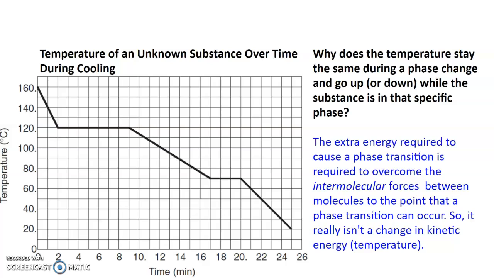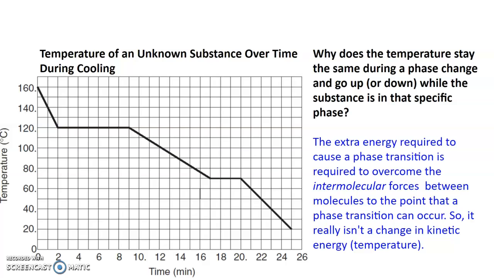So the temperature stays the same during a phase change and goes up and down while the substance is in a phase, because the extra energy required to cause a phase transition is required to overcome the intermolecular forces, or to form the intermolecular forces between molecules at that point so that the phase transition can occur.